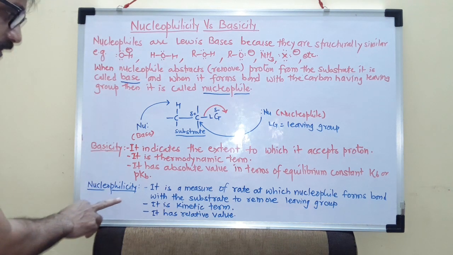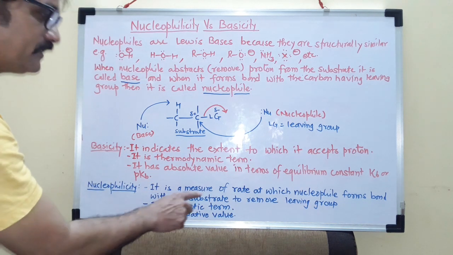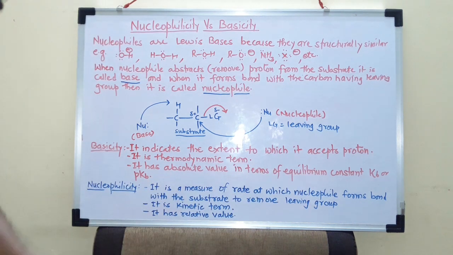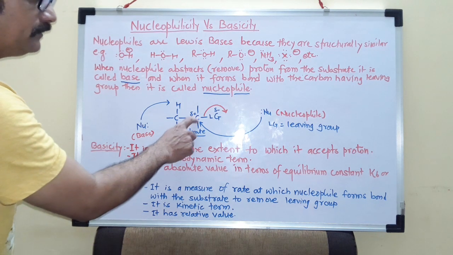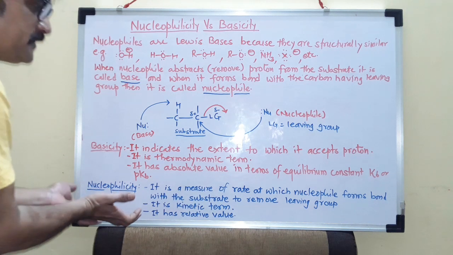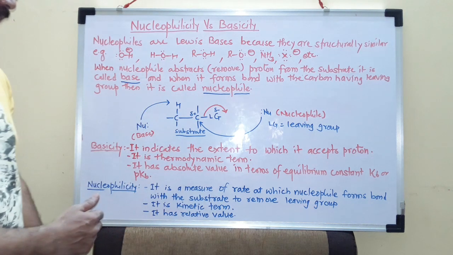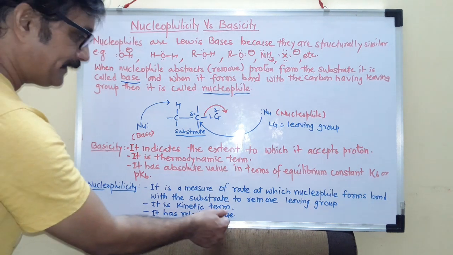What is nucleophilicity? It is the measure of the rate at which a nucleophile forms a bond with the substrate to remove the leaving group. How easily it forms a bond with the carbon, that is nothing but the nucleophilicity. So if the nucleophilicity is more, the rate of the reaction will be more. It is totally related to the rate. That's why it is a kinetic term.